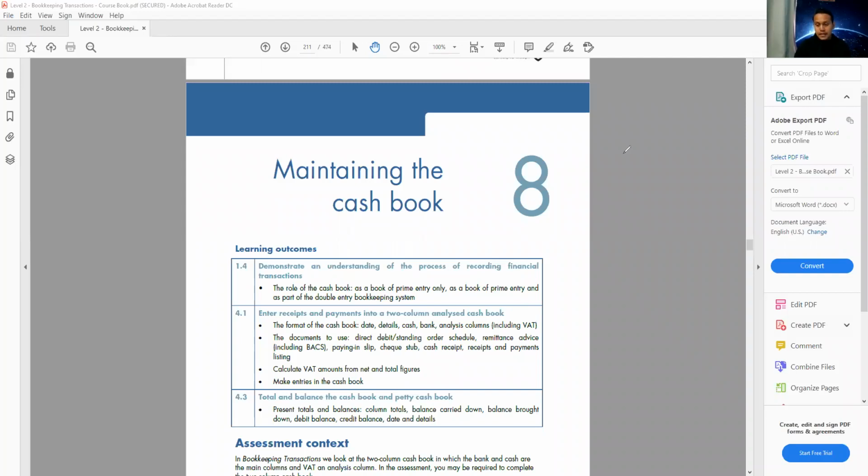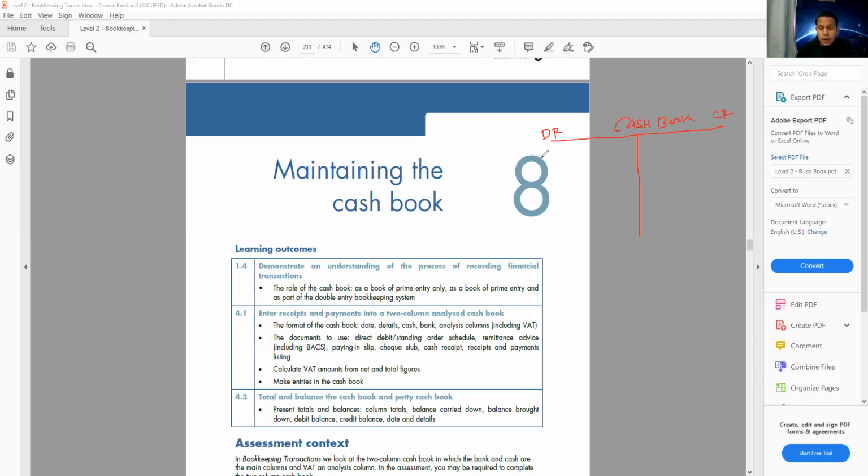So if we talk about how the cash book looks like, in the cash book we have two sides: a debit side and a credit side.